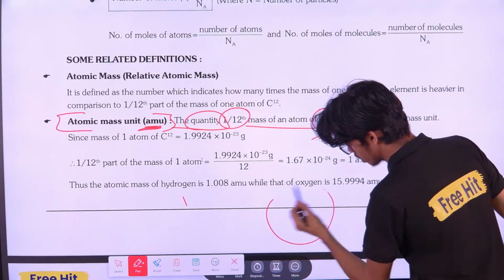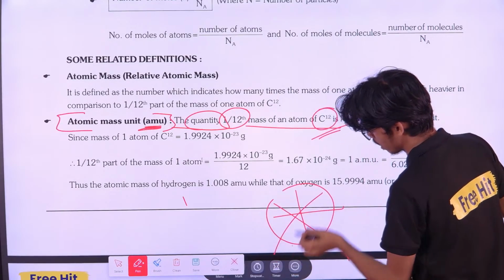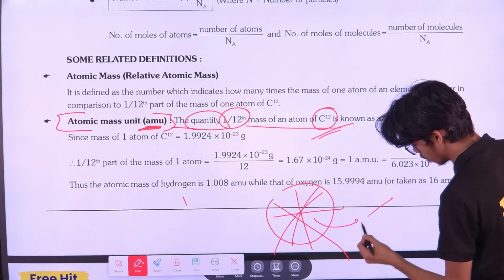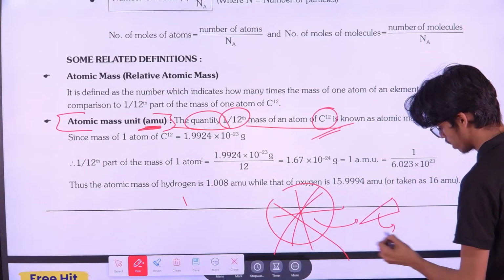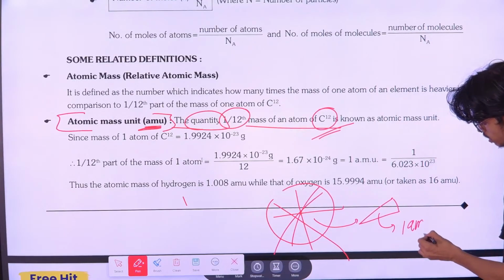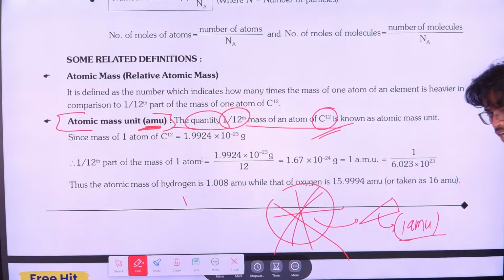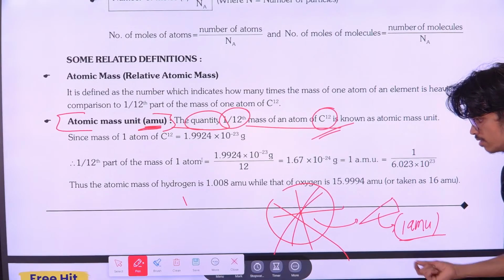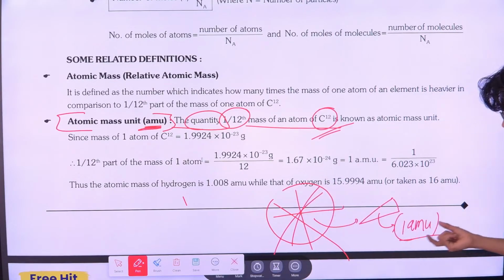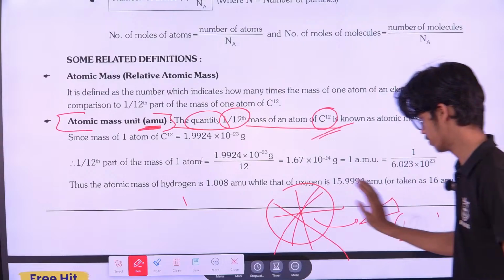Whatever the mass of one carbon-12 atom is, you take 1/12 part, and the weight of that 1/12 part is known as one atomic mass unit. I hope it is understandable. It is easy, right? Got it?